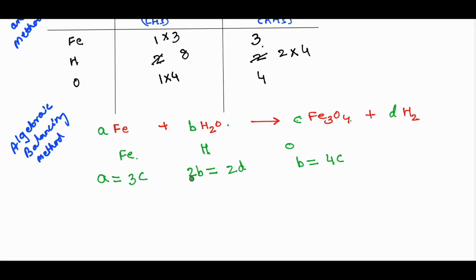Now after getting these equations, the key rule is to assume to be 1 the alphabet which is repeated more times. Here the alphabet A is written only once. Now look at C. C is written 2 times.